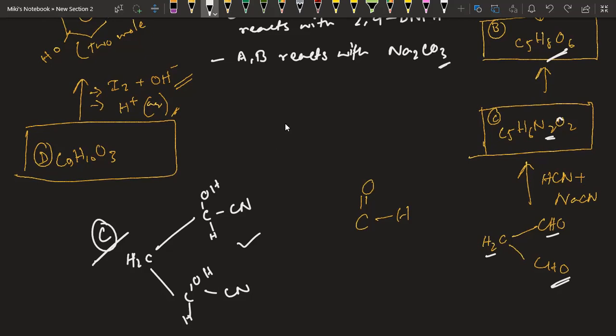Let's see. Then CH2 is here, and we have C and C. Okay, so here actually carboxylic acid won't be able to form. Why? See, this is not a primary alcohol. Why?